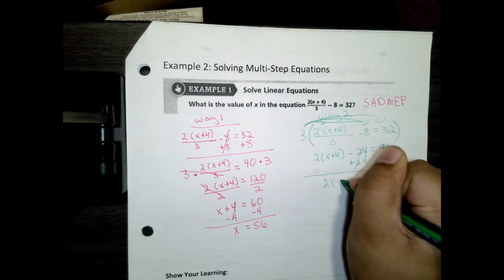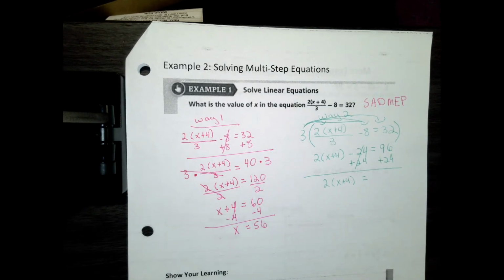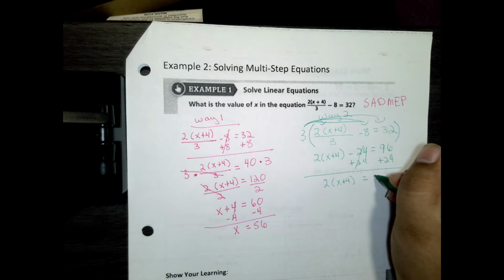That's going to give us 2 times x plus 4 is equal to 96 plus 24, which is going to give me 120.